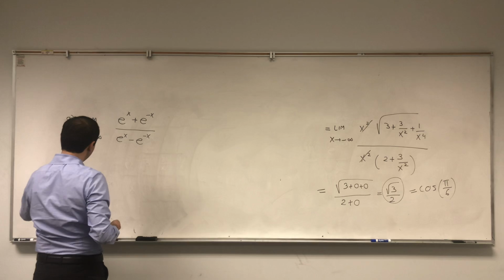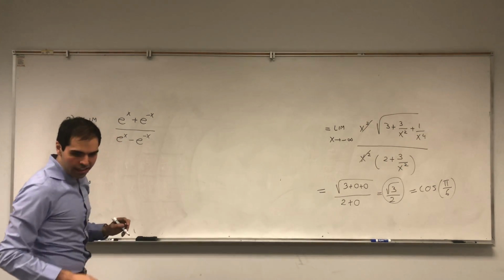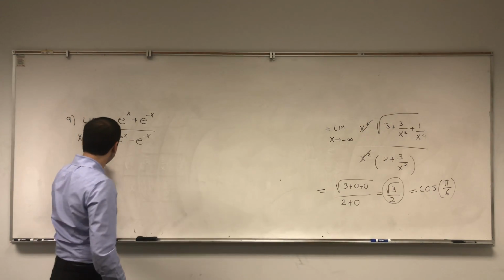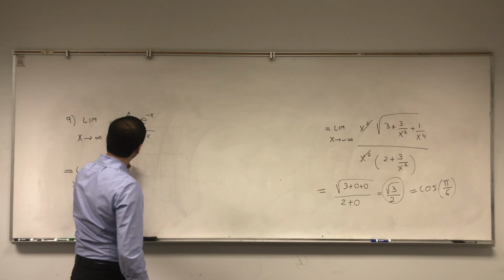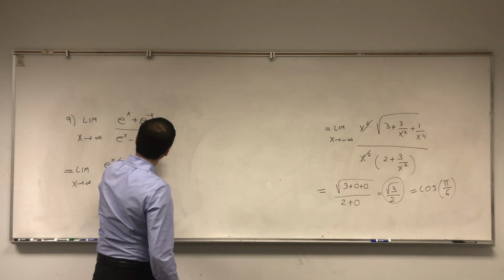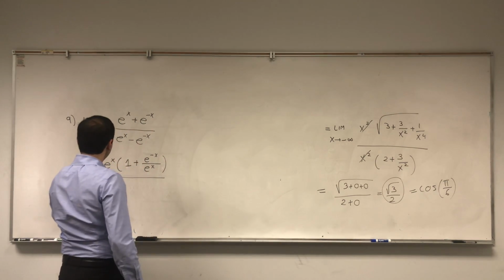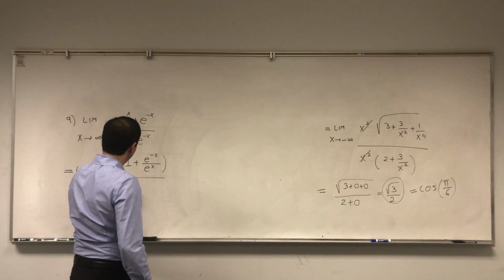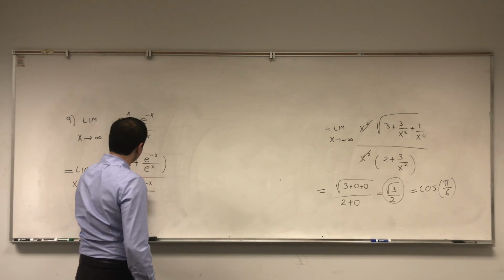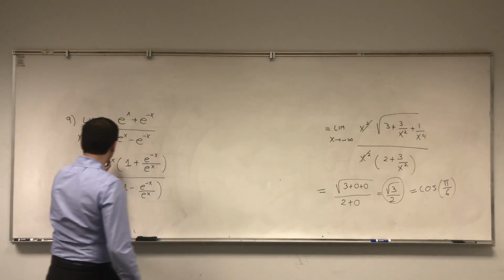So we do the limit as x goes to infinity. In this case, you want to factor out e to the x. So e to the x times (1 plus e to the minus x over e to the x) over e to the x times (1 minus e to the minus x over e to the x).